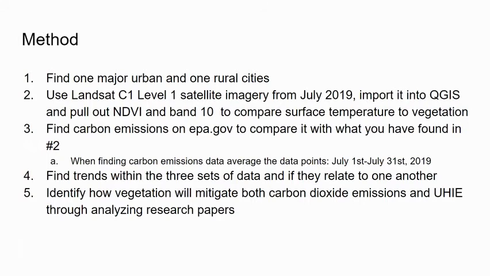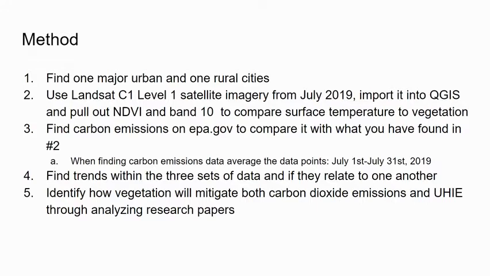For the methodology of our research project, we divided it up into different steps. Our first step was to find one major urban and one rural city. Our second step was to use Landsat C1 Level 1 satellite imagery from July 2019, import that into QGIS, and pull out the NDVI and band 10 to compare surface temperature to vegetation.